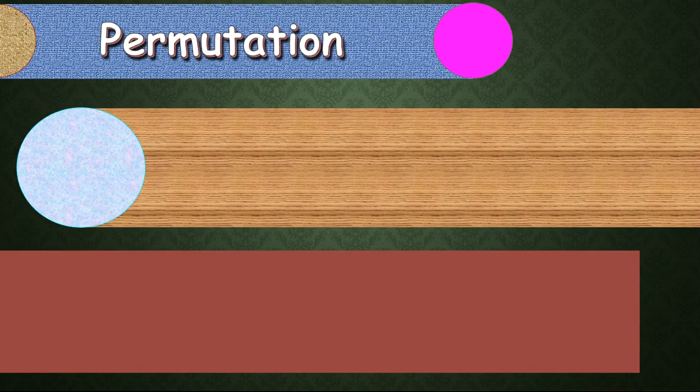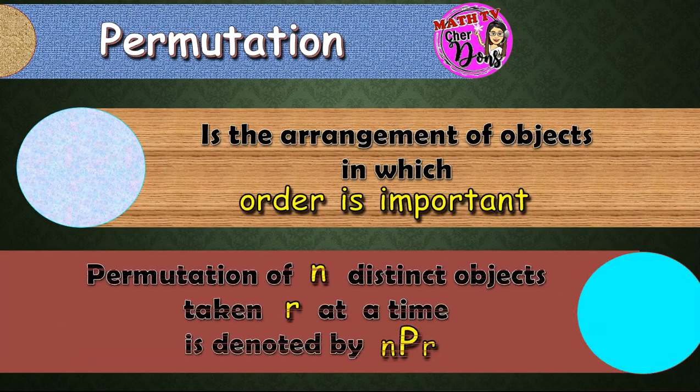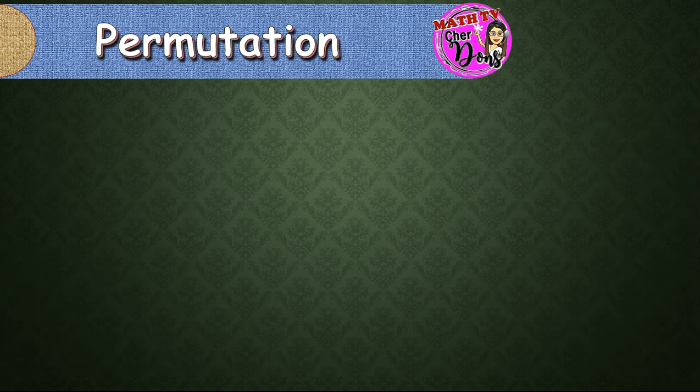Okay, first, let us define permutation. Permutation is the arrangement of objects in which order is important. Permutation of n distinct objects taken r at a time is denoted by small letter n, big letter P, and small letter r, and read as permutation of n objects taken r at a time, where n is the total number of objects and r is the number of selected objects.